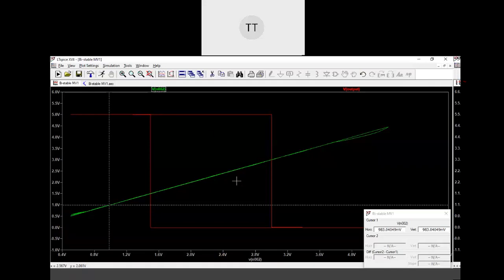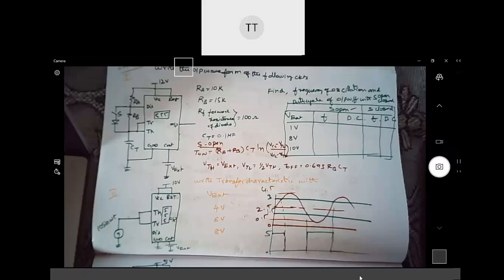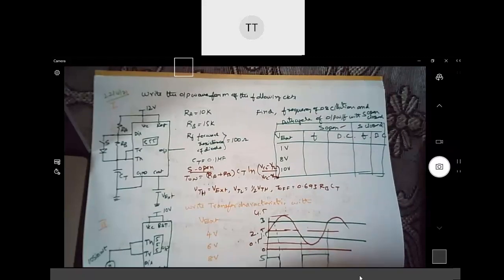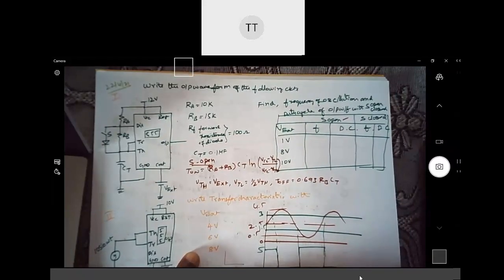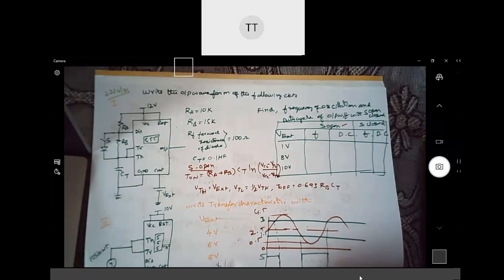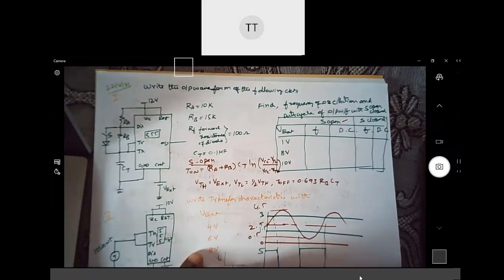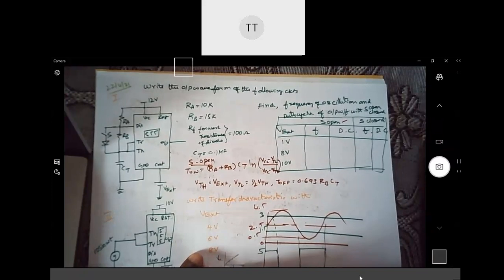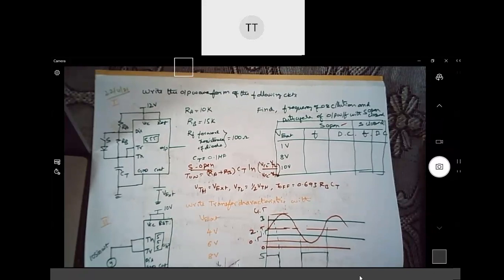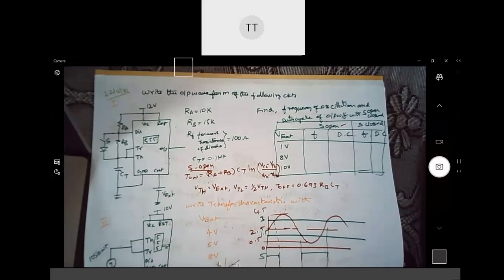Suppose you have some Vx here also. We used to draw this in clipping and clamping circuits. Now some dotted line, this is a reference. On the x and y axis it is the same parameter, so it's a line with slope 1.